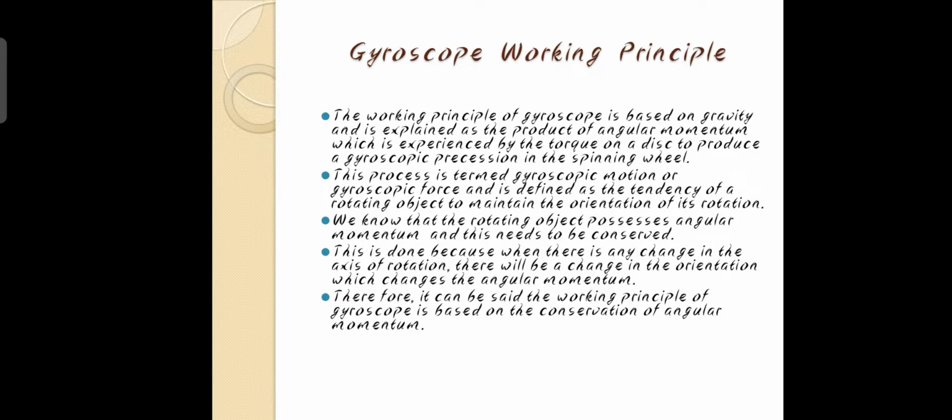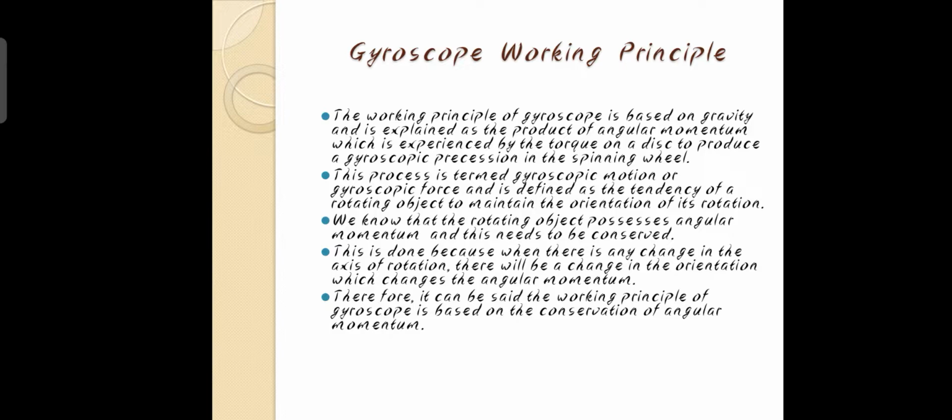Gyroscope working principle. The working principle of a gyroscope is based on gravity, and it is explained as the product of angular momentum experienced by the torque on a disc to produce a gyroscope position in the spinning wheel. This process is termed gyroscopic motion or gyroscopic force, and it is defined as the tendency of a rotating object to maintain the orientation of its rotation.